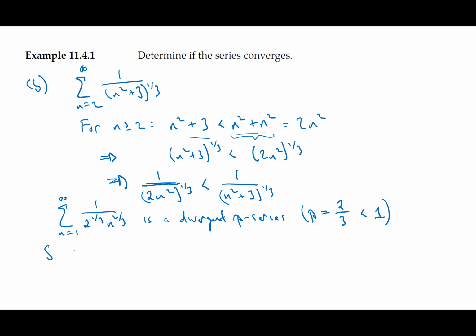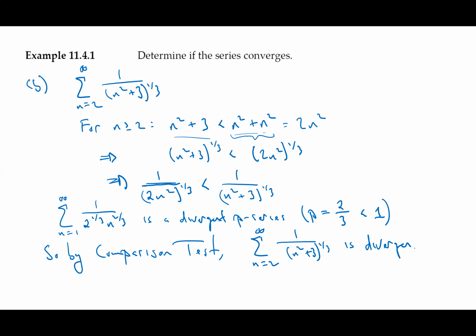And so again, by the comparison test, we have that my series, 1 over n squared plus 3 to the 1/3, is divergent. All right, so there we go.